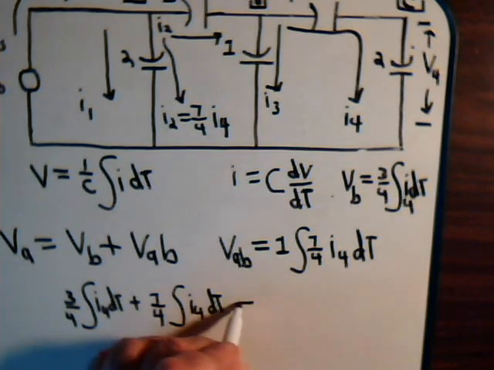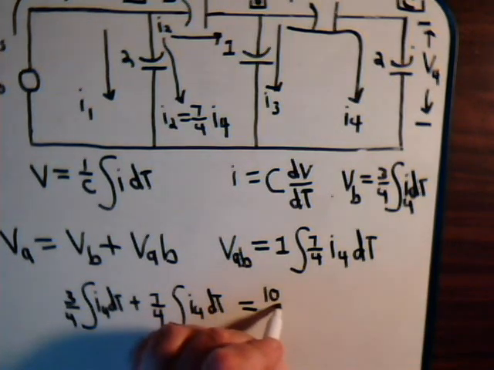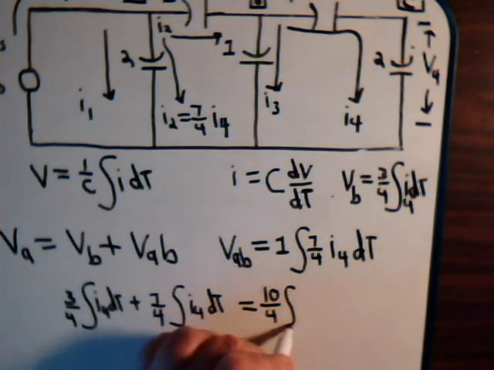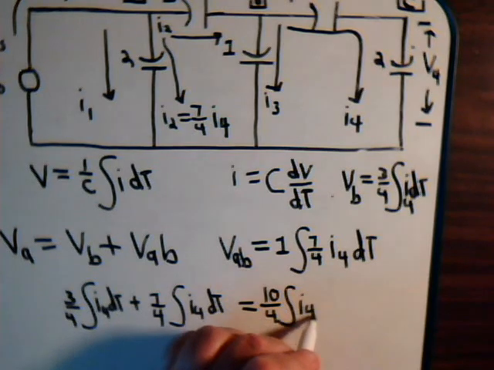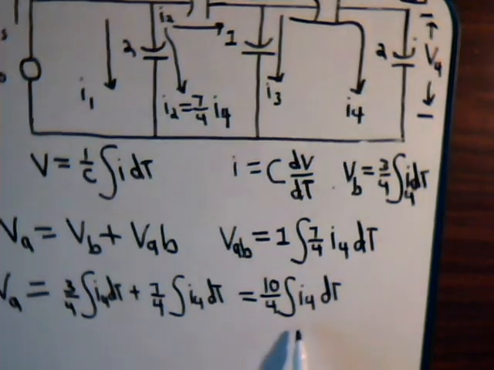So add these together. 7 plus 3 is 10. That's 10/4 the integral of I4 dt. And that is a general expression then for VA. It is this.